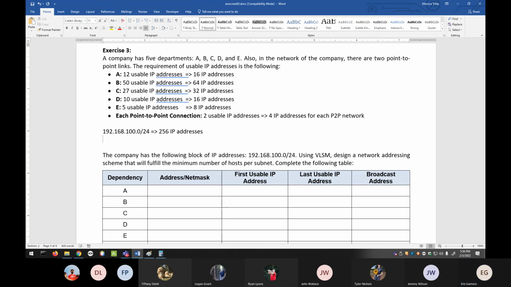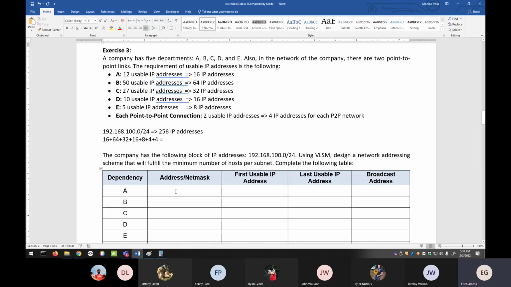So I need 16 for A plus 64 for B plus 32 for C plus 16 for D plus 8 for E plus 4 for the first point-to-point, plus 4 for the second point-to-point, okay? Because we have two point-to-point networks.